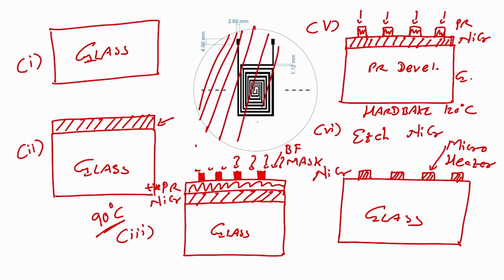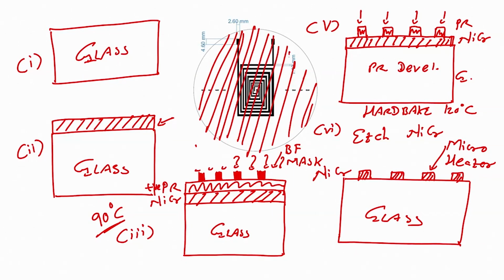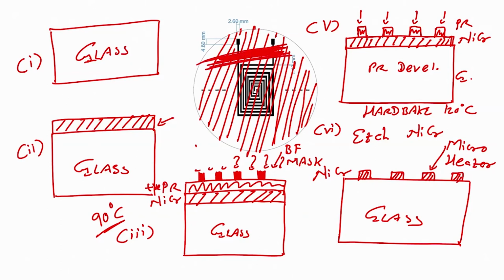Assume that everywhere there is silicon dioxide, right, except this area. Or in another way, if I want to draw, I will just draw like this. So, you can understand, right.